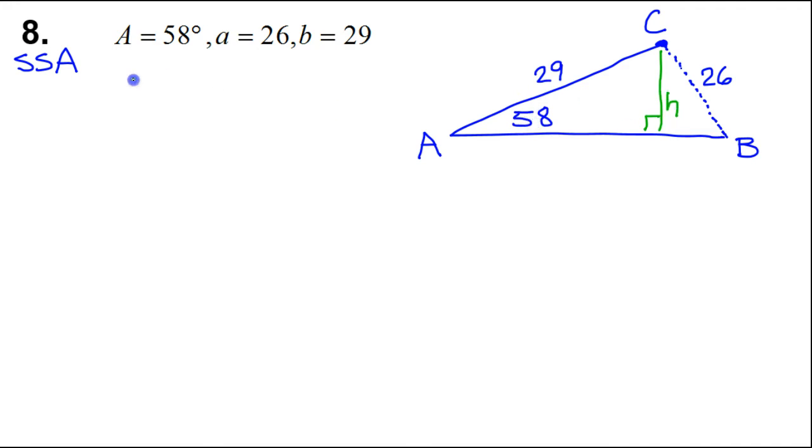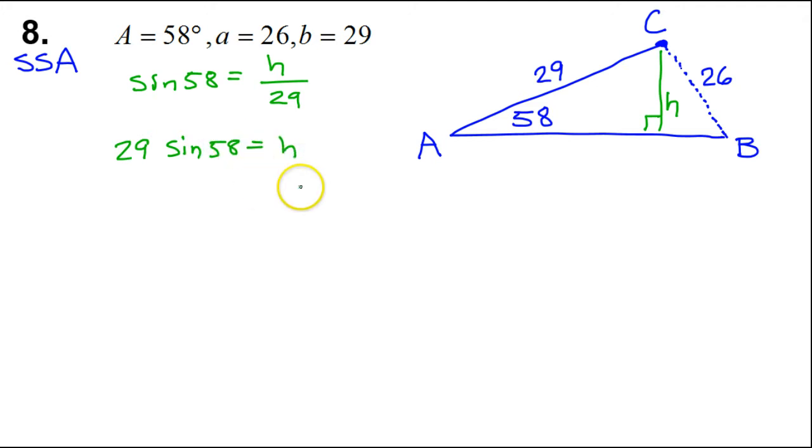We can calculate it by doing the sine of 58. The sine of 58, that's going to be opposite over hypotenuse, so that'll be h over 29. If I multiply by 29 on both sides, then that's going to give me 29 sine 58 is equal to this height.